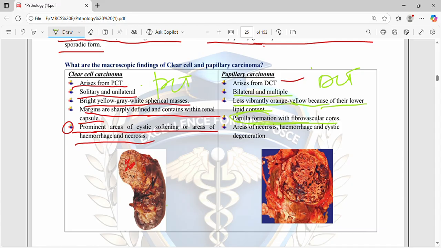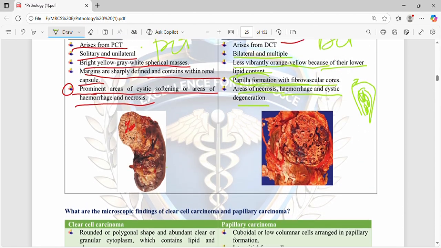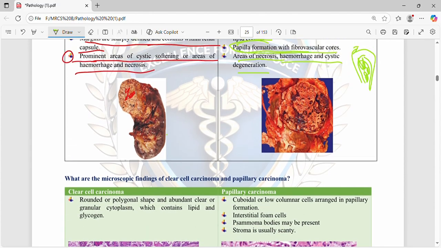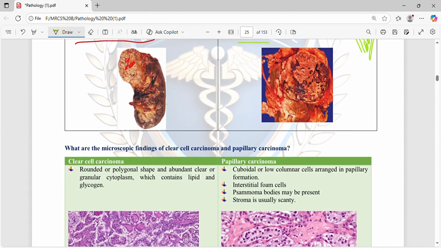It has areas of necrosis, hemorrhage, and cystic degeneration.